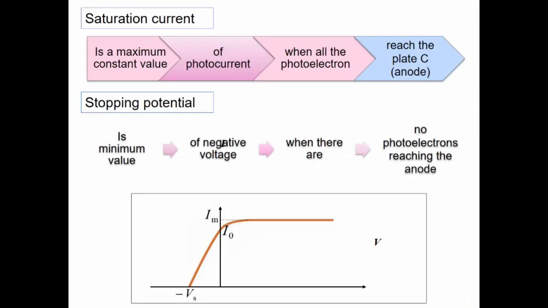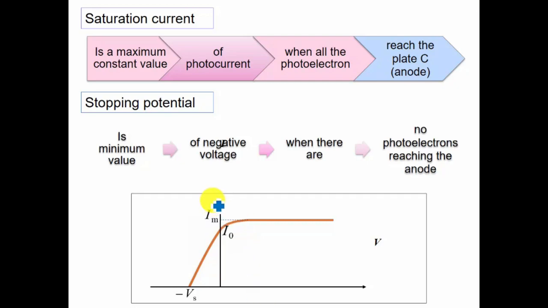If you still remember, saturation current is the maximum value of photocurrent when all the photoelectrons reach the anode. So, stopping potential refers to the minimum value of negative voltage at which no photoelectrons reach the anode.